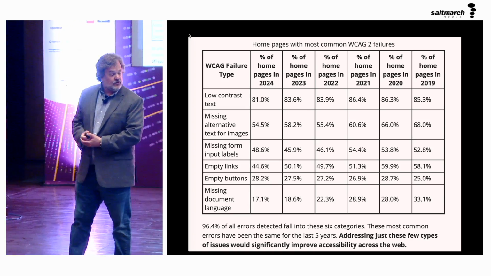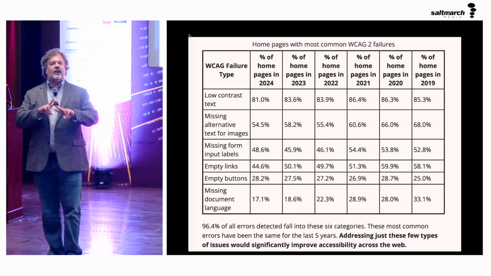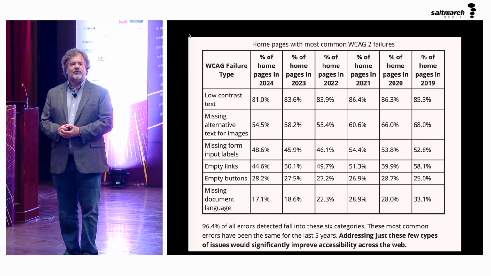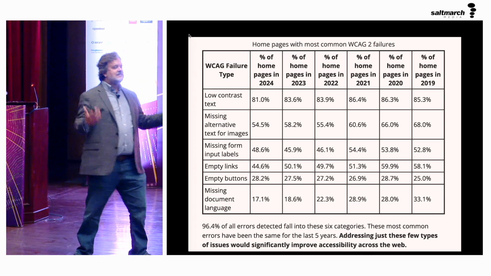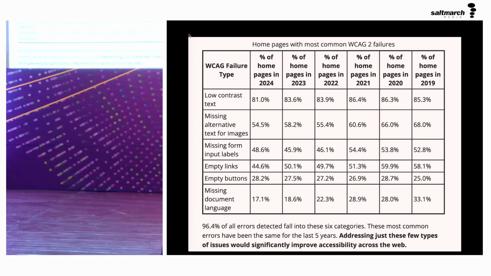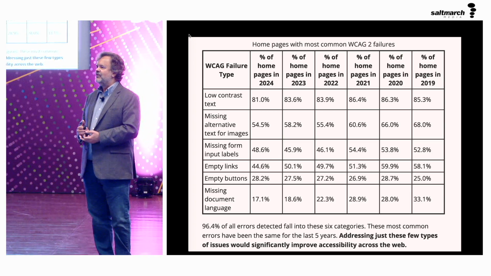If we round out the top 6. As a matter of fact, if you ever see on the internet hashtag fix the 6, it's exactly what they're talking about right here. Because these top 6 accessibility errors: color contrast, no alt text on images, form labels.